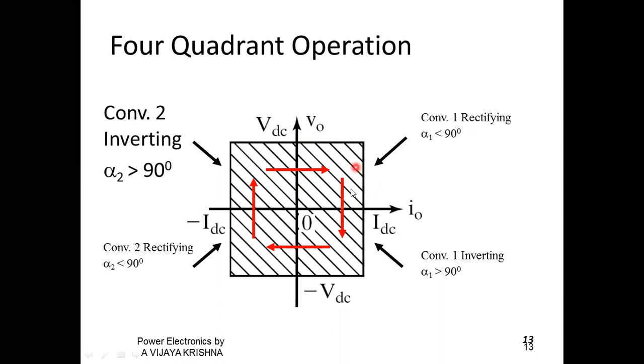In this operating region, the power flows from the AC source to the DC load. But in the fourth quadrant, power flows from the DC circuit to the AC circuit. That is called inverting. This is converting and this is the inverting mode.